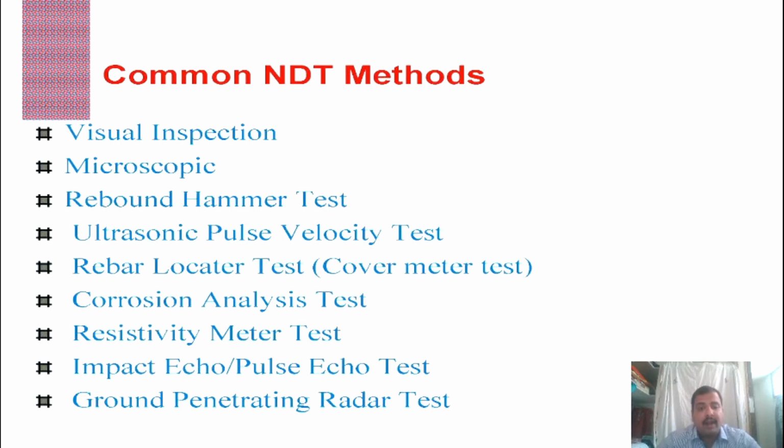Now, the ground penetrating radar test. This is very useful. We generally use it to detect cracks or reinforcement bars. Basically, this ground penetrating radar, also called impulse radar testing, is generally used to detect the position of reinforcement bars, post-tensioning cables or ducts, and where cracks are.